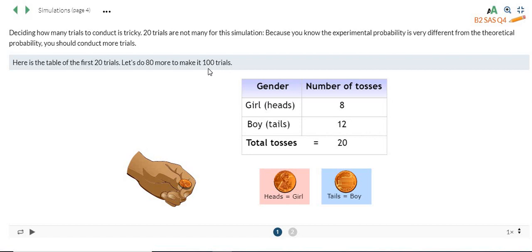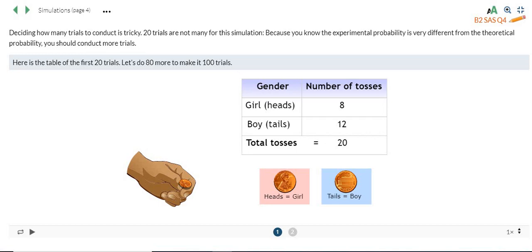If you notice on number 4, you're doing a trial that says 50 times. And you're flipping a coin. We've established girls is heads and boys is tails. If you need to write that somewhere on number 4. Because after this video, you'll get a coin and you'll be flipping it 50 times and recording it into these tables.